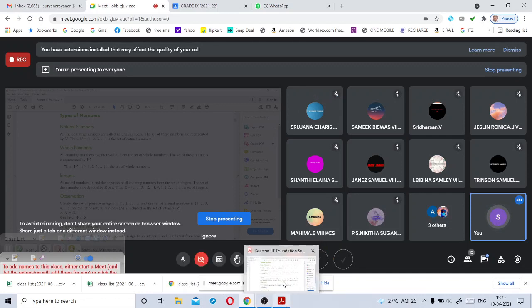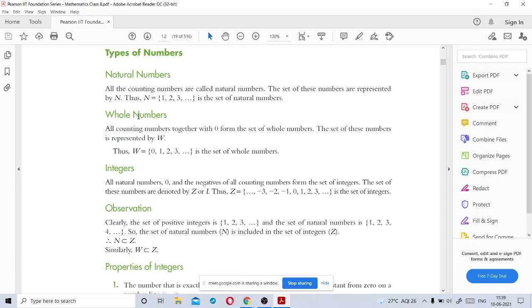Now come to the next type of numbers, that is whole numbers. What is meant by whole number? All counting numbers together with zero form the set of whole numbers. The set of these numbers is represented by capital letter W. Thus, capital letter W is equal to the set 0, 1, 2, 3 and so on, which is the set of whole numbers.